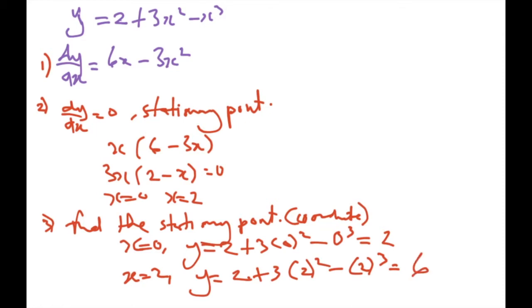So therefore the two stationary points that we got are (0, 2) and (2, 6). Two stationary points, but we have to determine the nature, whether it's a maximum point or a minimum point.